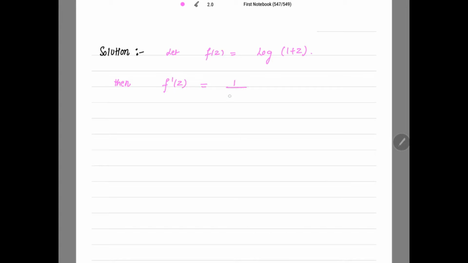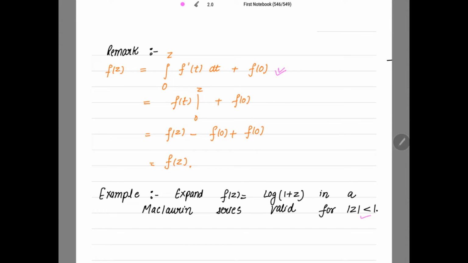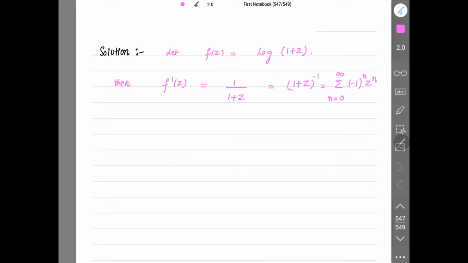This is 1 over 1 plus z, which can also be written as 1 plus z to the power inverse, which is expanded as the summation n going from 0 to infinity of minus 1 to the power n z to the power n. And why I have expanded this is the condition given to us that mod of z is less than 1. Let's check. Yes, it is given to us. That's why we expand this 1 plus z inverse. Otherwise, you cannot expand. You need this condition, right?